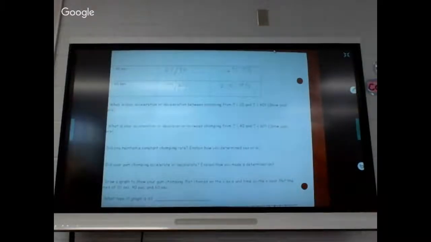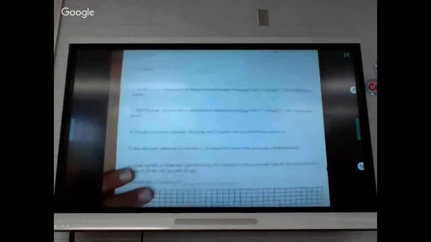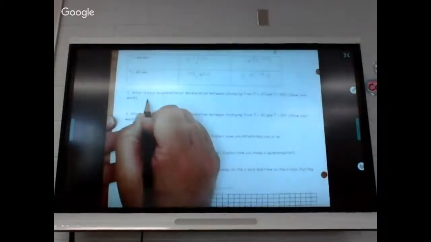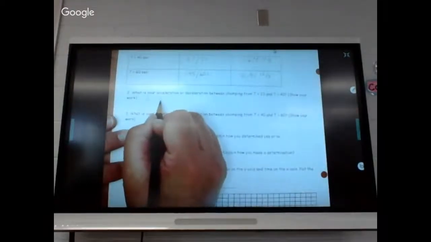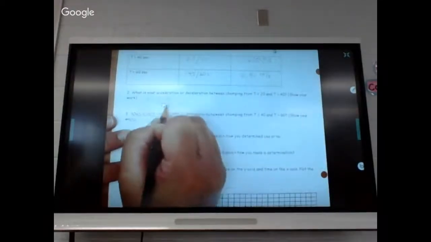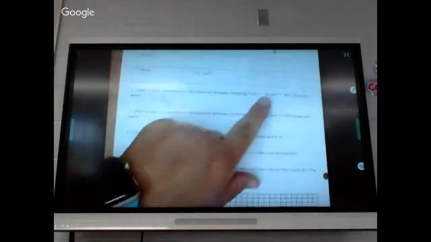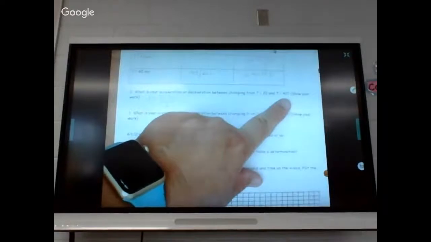All right, and number 2. Number 2 is your acceleration and deceleration formula. So what's your acceleration formula? A equals VF minus VI, divided by time. Now, you're doing this with 20 seconds and 40 seconds.